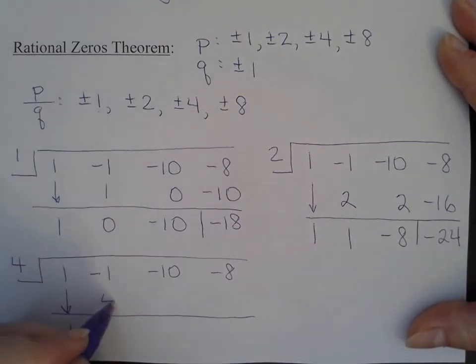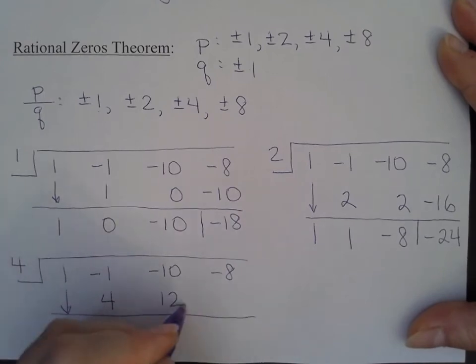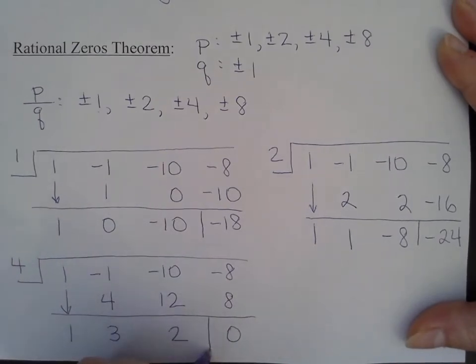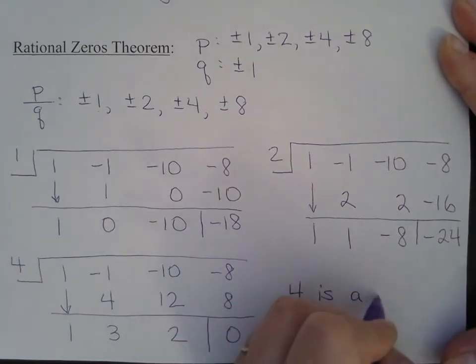Four times 1 is 4, add down. 4 times 3 is 12, add down. 4 times 2 is 8. There we have it. So 4 is a zero.